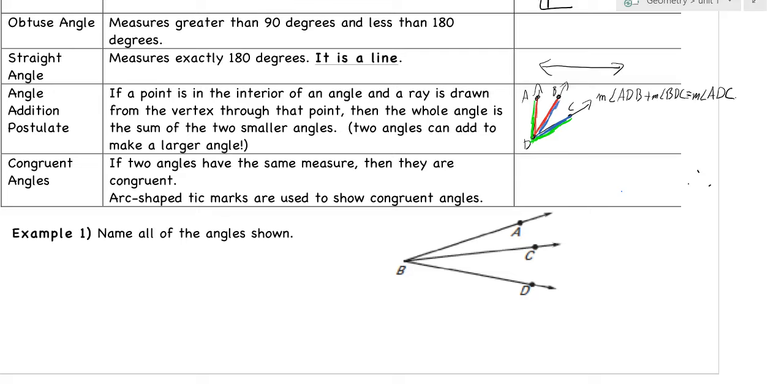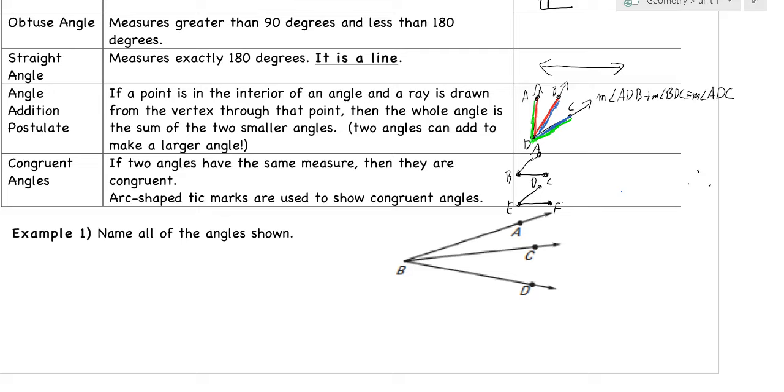Congruent angles. Just like we had congruent segments, we're going to have congruent angles. If two angles have the same measure, then they are congruent. So if we have two angles, ABC and DEF, and we want them to be congruent, then they have to have the same measure.